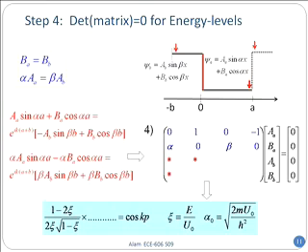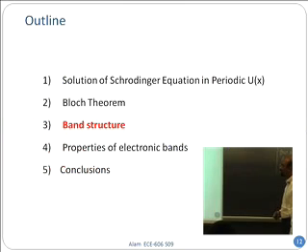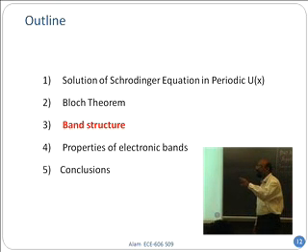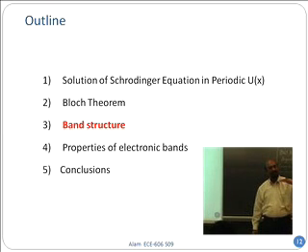And how can I solve this? Again, two ways. You can solve it in MATLAB, but if you are not in the MATLAB age, you can solve it graphically as they do in the book. And let me show you how to do it graphically. And that's where the band structure will come in. So band structure is the solution of the Schrodinger equation in a periodic potential, so that we know where electrons can sit.